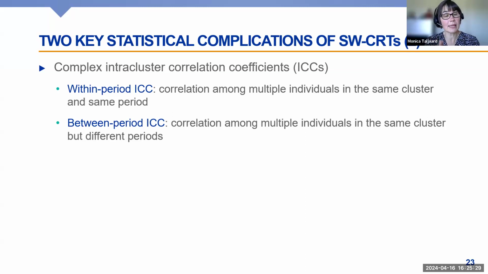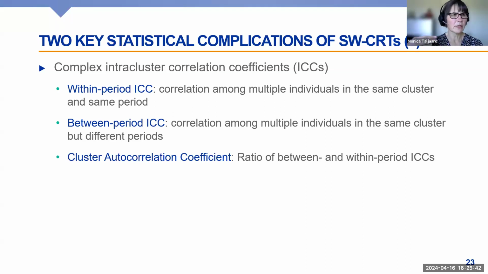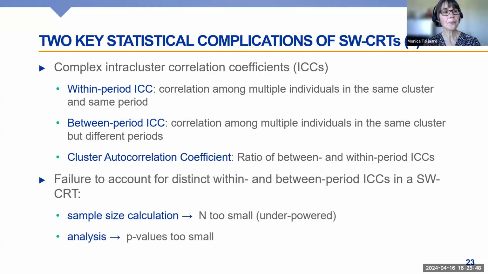And we would expect that between period ICC to be less than the within period ICC, because the further apart the measurements are made, the weaker the correlation is typically. So the ratio between the two, by the way, is called the cluster autocorrelation coefficient, in case you encountered that term.